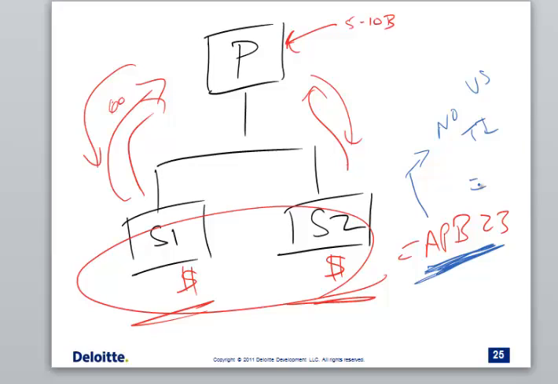And some companies wondered whether there would be pressure on the FASB to change the rule out of this, and nothing's changed. But that's what that kind of subtext was in that memo.